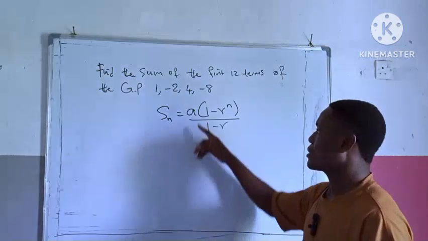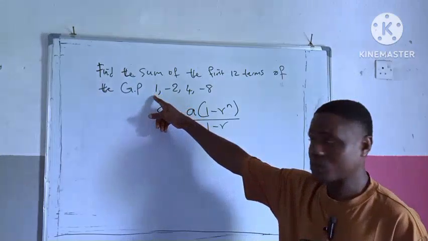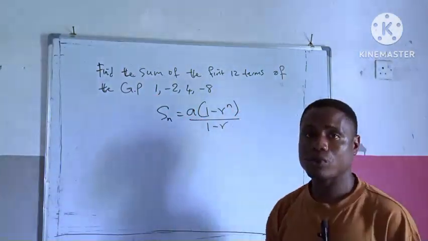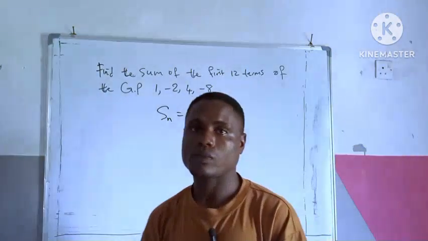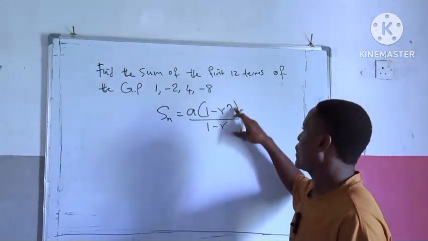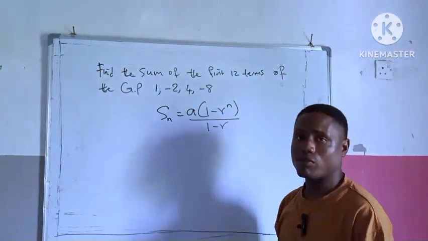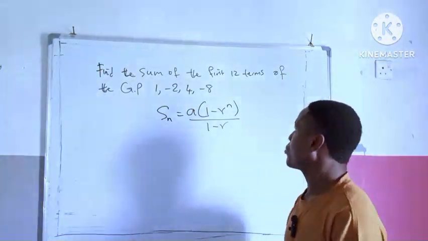Where a stands for the first term, r stands for the common ratio, and n stands for the number of terms. So let's substitute the values into this formula.